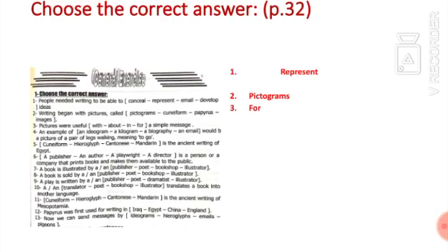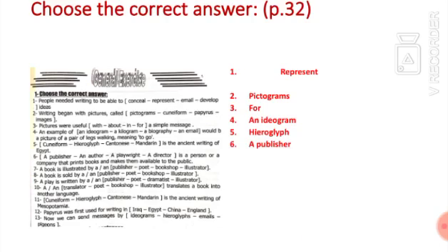Number 4. An example of an ideogram would be a picture of a pair of legs walking, meaning to go. Number 5. Hieroglyph is the ancient writing of Egypt.